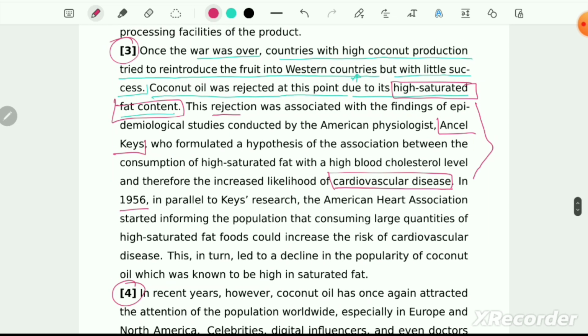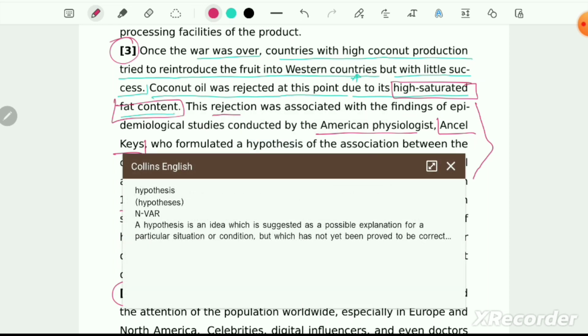Why do the Western countries reject coconut oil? Because the rejection was associated with the findings of epidemiological studies conducted by an American psychologist, who formulated just a hypothesis. Okay, it is not proved, it's just a hypothesis. Hypothesis means just predicting something.